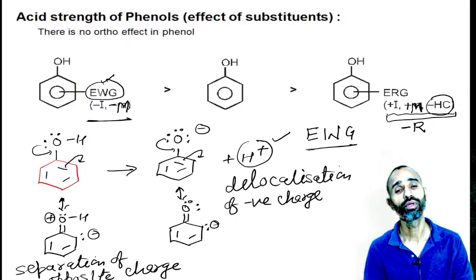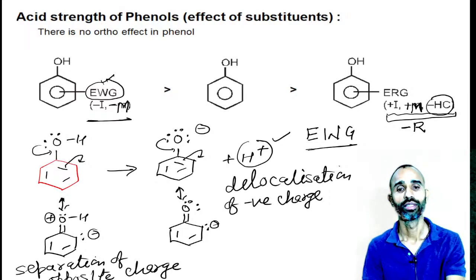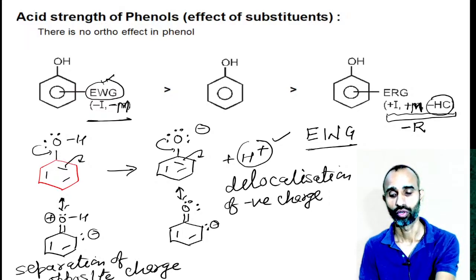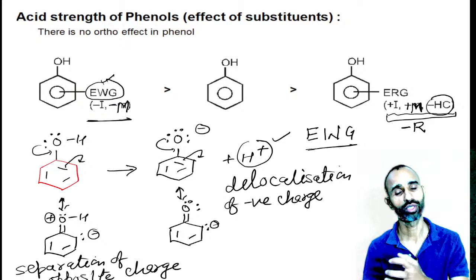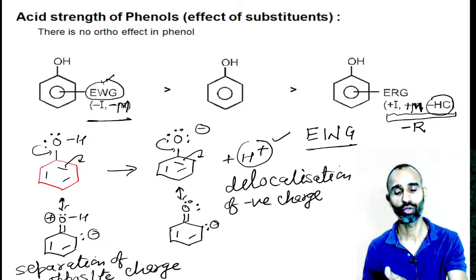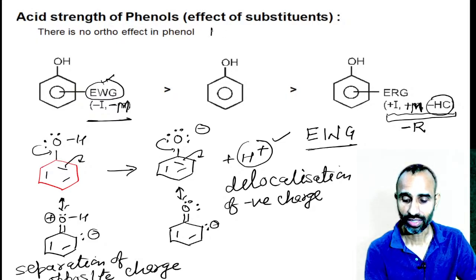That's why phenol becomes less acidic if electron releasing groups are attached to it. So in short, the simple method is that electron withdrawing groups increase the acidic strength, and electron releasing groups decrease the acidic strength.